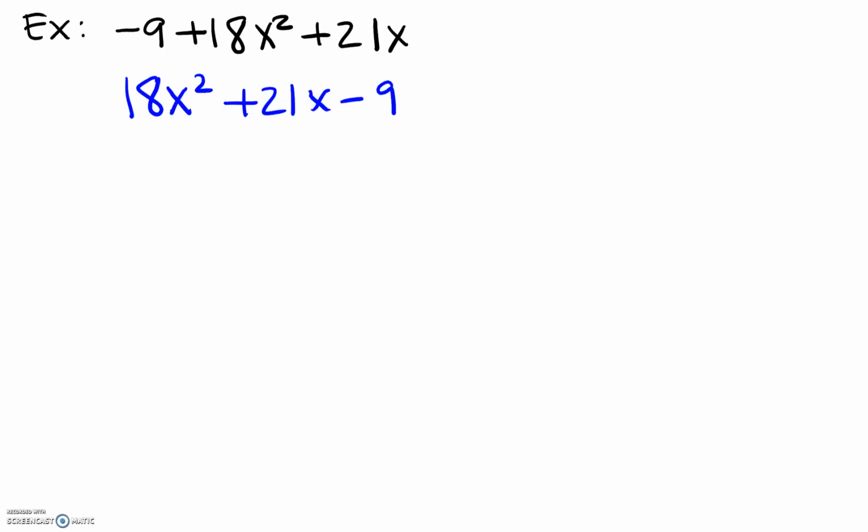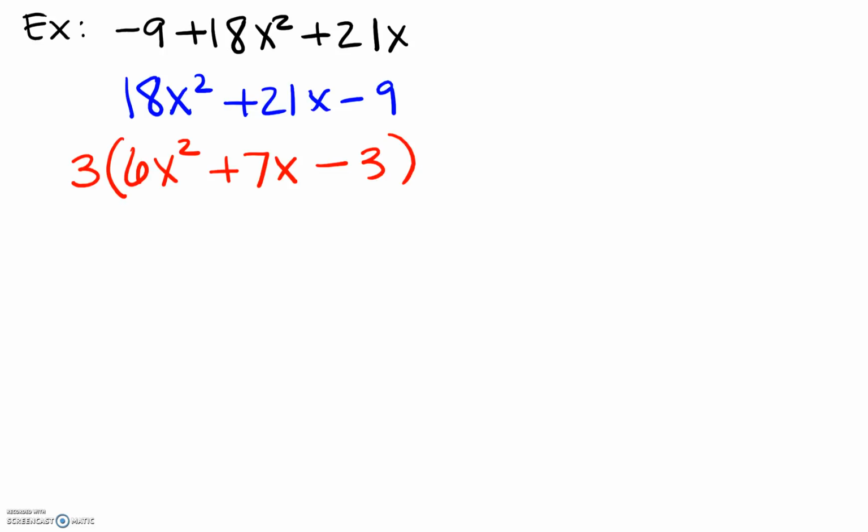And if you divide by 3, you're actually changing the value of this. So what we can do is factor out a 3. If we take a 3 out at the beginning, we're left with a 6x squared plus 7x minus 3. Now we have something that's a lot easier to work with. I don't have to do 18 times 9, which is some gross number I don't want to know about.